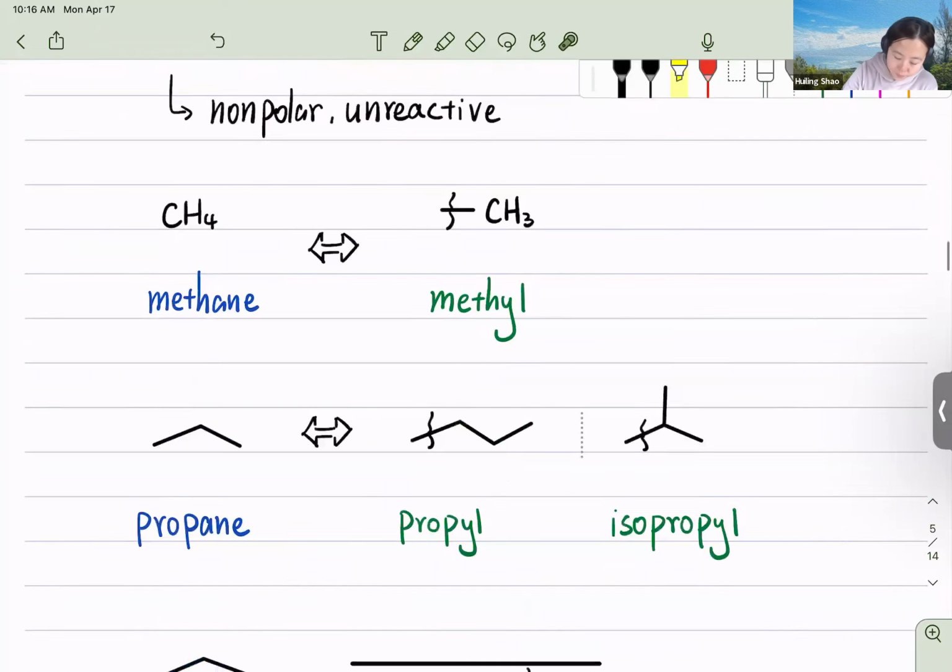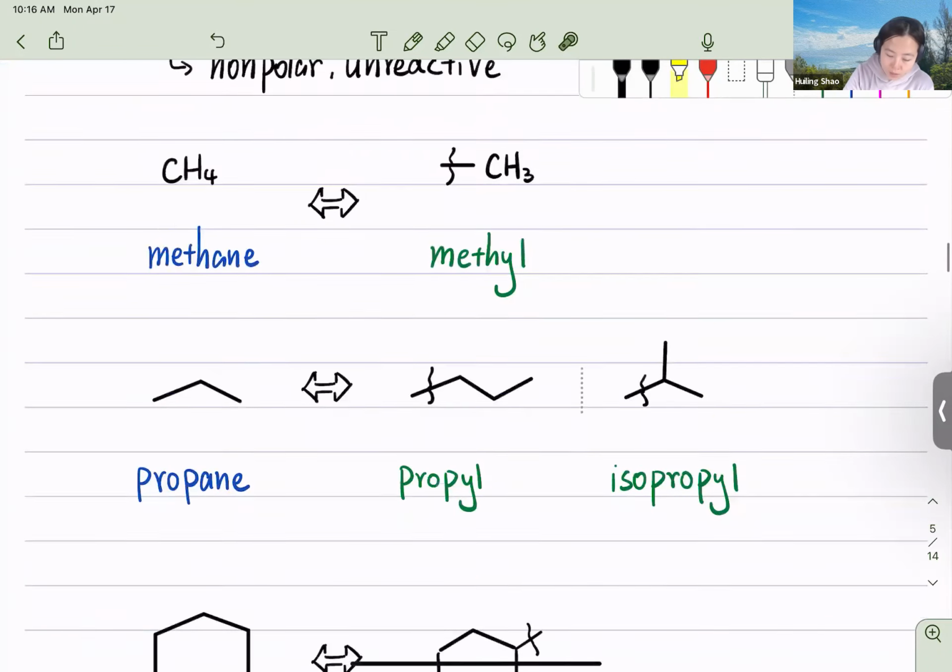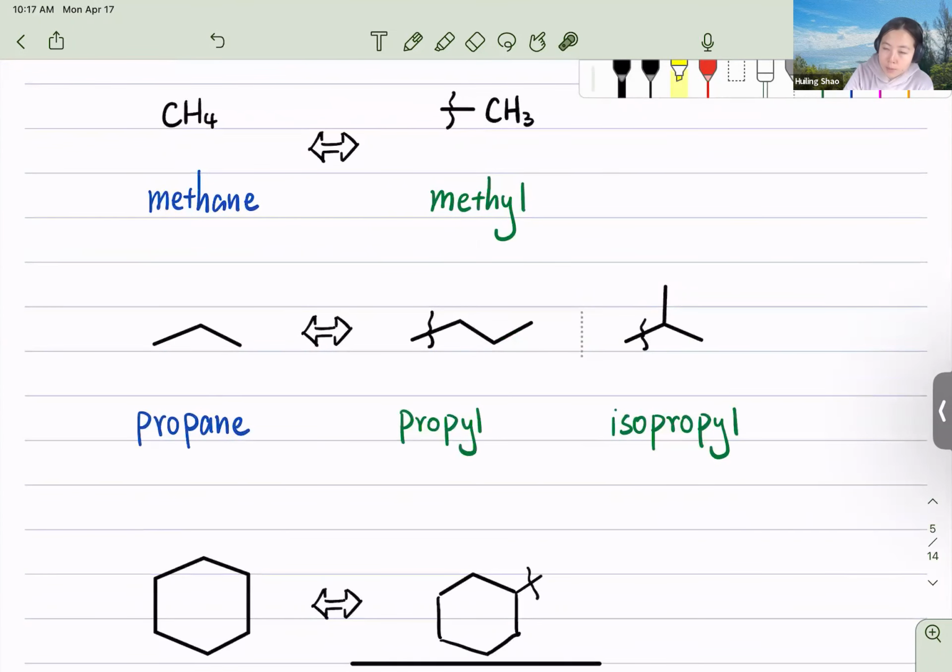For example, these are some of the nomenclature we can follow when we're talking about functional groups for the alkanes or alkyl groups. So the IUPAC name for CH4 is methane. And when it acts as a functional group, we call it a methyl group.